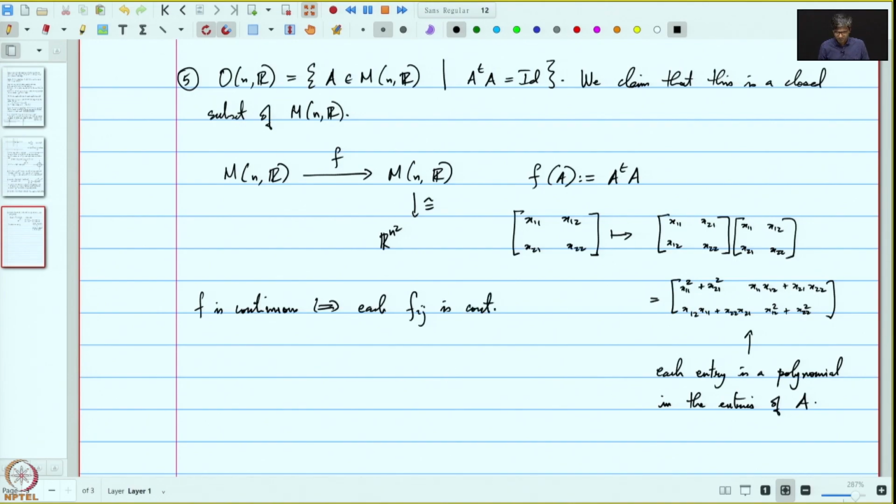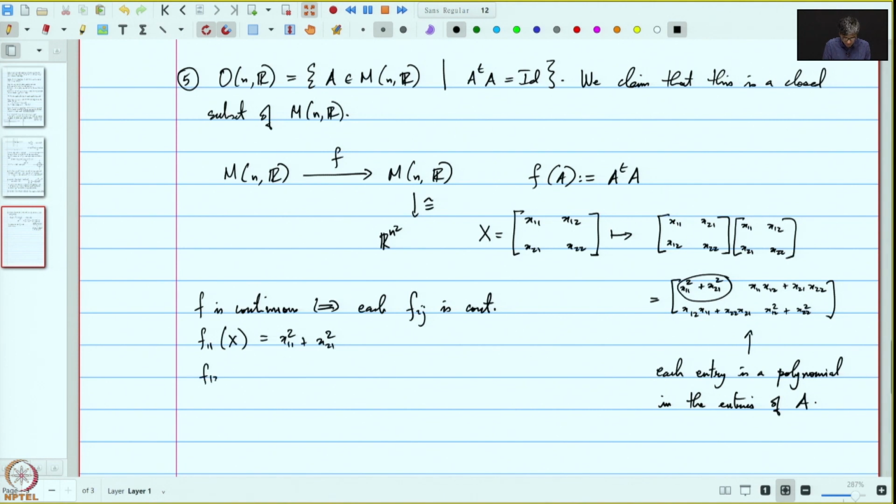So in our example, let's say what is F11. So F11 is precisely this coordinate, right? So F11 of this matrix, let's denote this matrix by X for simplicity of notation.